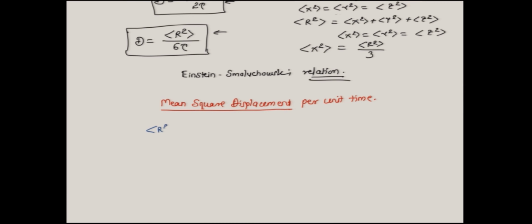Now, we can make a substitution. In the last class we derived the expression for mean square displacement. So, mean square displacement r square average was given as n lambda square, where each particle has made n jumps.